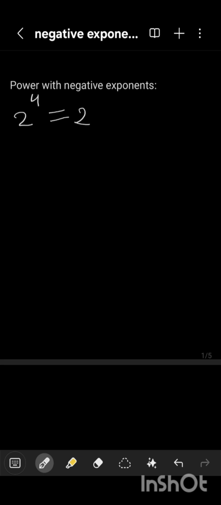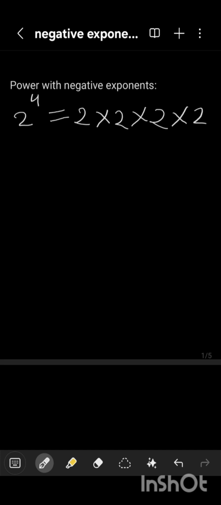You all aware about that? We can write it like this, okay? When it is 2 to the power 4, we will expand it in this way: 2 multiplied by 2 multiplied by 2 multiplied by 2. Multiply itself 4 times. Okay.